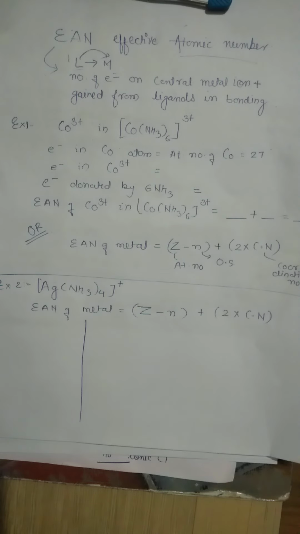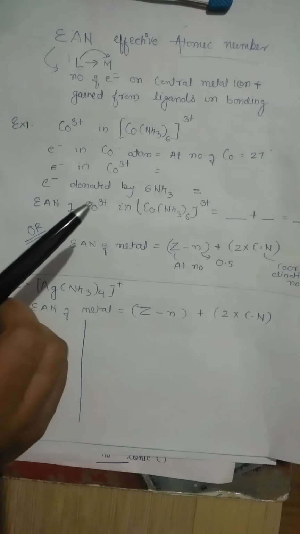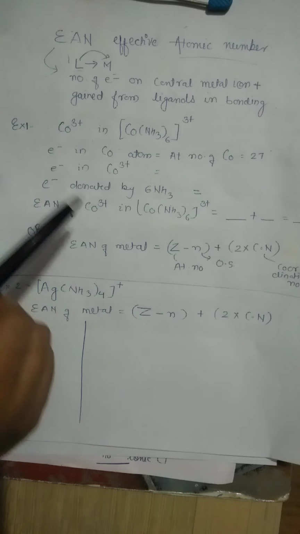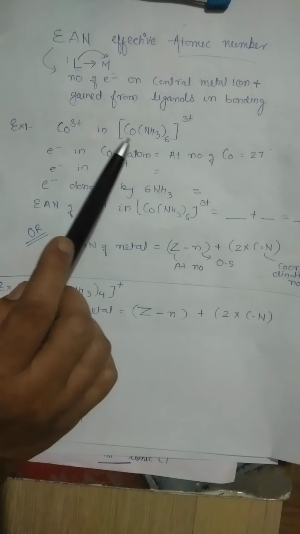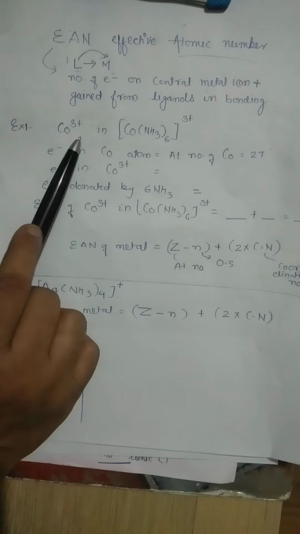Now in this case, first we should know the atomic number. There are two methods to solve it. First we will go for the very simple method, and the second is with the help of a formula. So first we will check the simple or direct one. Now in this example, the electrons in a cobalt atom, this is Co meaning cobalt.